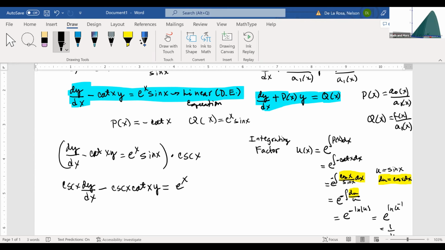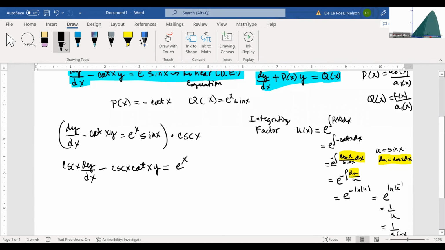And then we can write the left side of this equation, remember, since it is linear, as the application of the product rule of some multiplication.